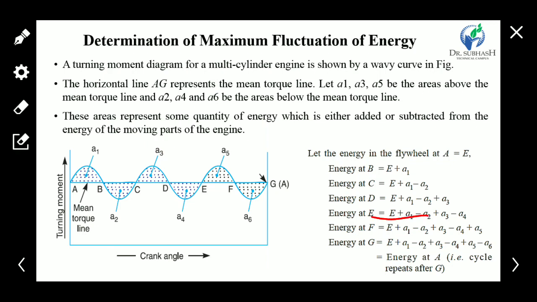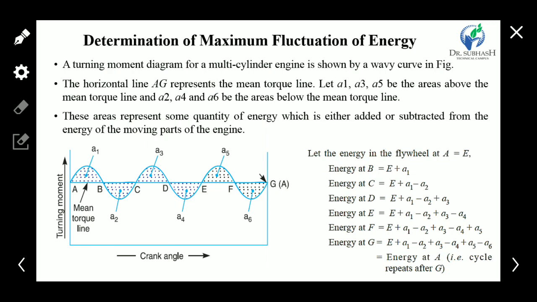Similarly, at point E, it is E plus A1 minus A2 plus A3 minus A4. At point F, it is E plus A1 minus A2 plus A3 minus A4 plus A5.